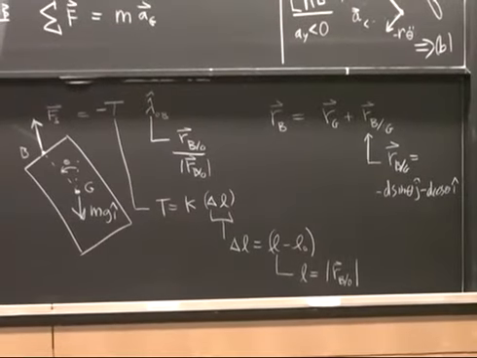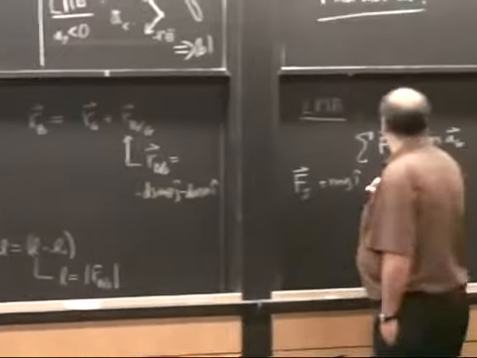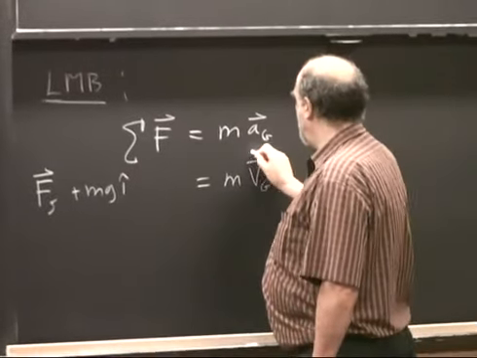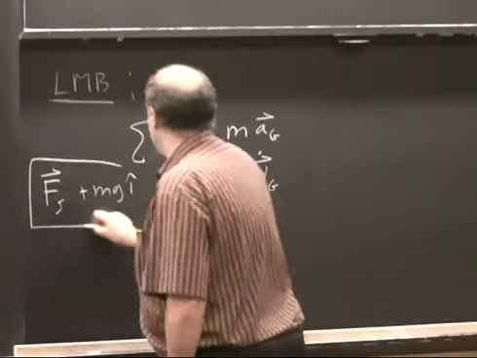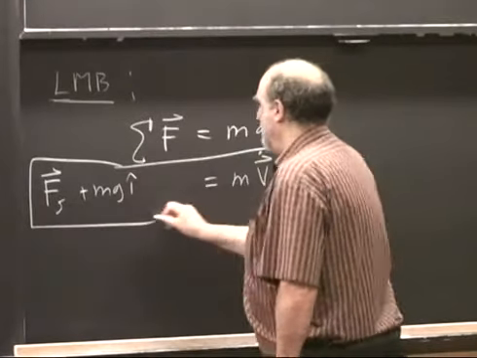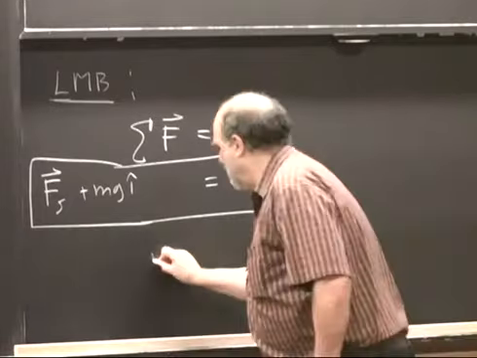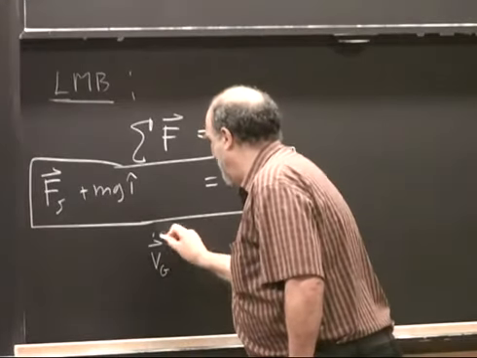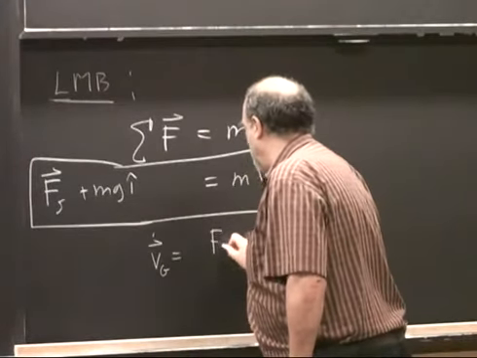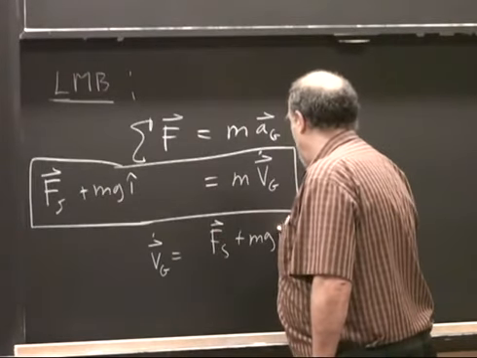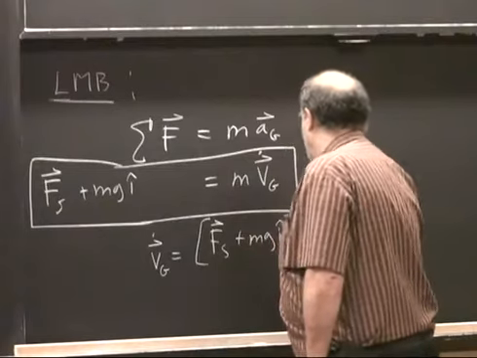There's plus mgi, and that equals m times vg dot. So this is one equation which we now know how to evaluate. This is ready to plug into MATLAB. Because we now know, we can write this again, I guess, like this. Vg dot is equal to F of the spring, which we know, plus mgi, which we know, divided by m.